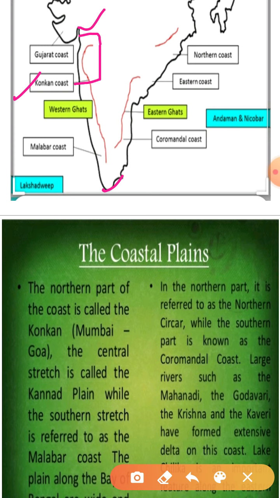Then the central stretch is called the Kannada plain. The central area is called the Kannada plain, while the southern stretch is referred to as the Malabar coast.